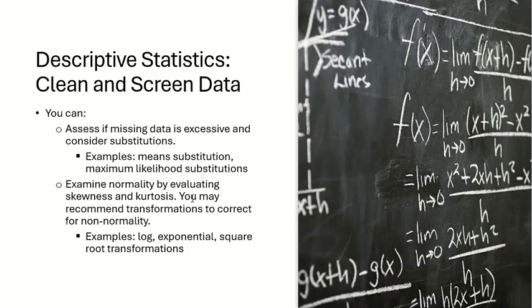And normality, as we've been talking about, can be determined here as well. And we'll look at some ways we might treat non-normality, such as by transforming data. We'll not get into that here, but essentially that just involves taking some values and performing some kind of mathematical operation that will change the shape of the distribution, such as most commonly probably the log transformation, and then some others like the exponential or square root.